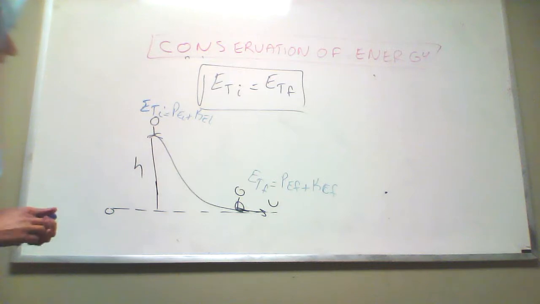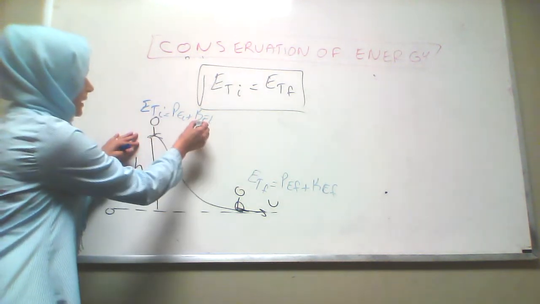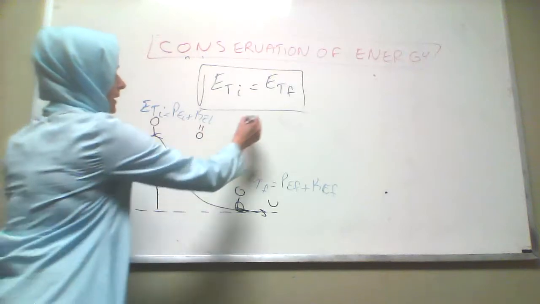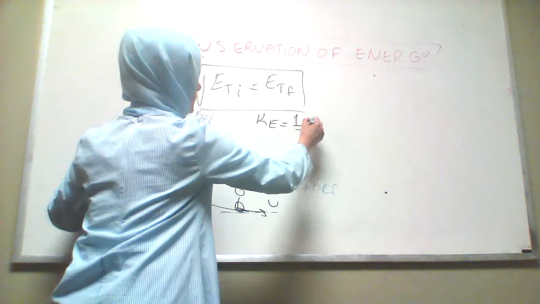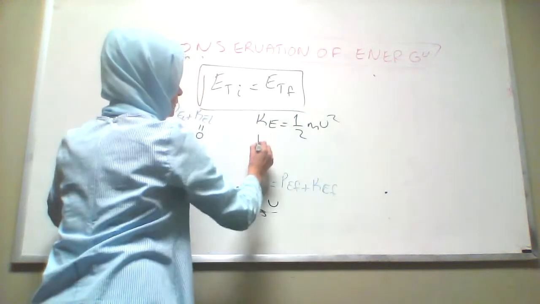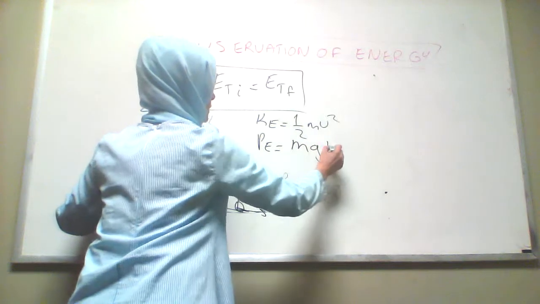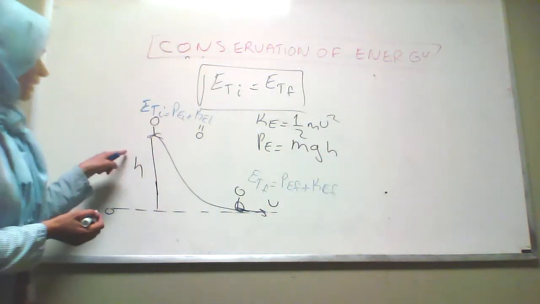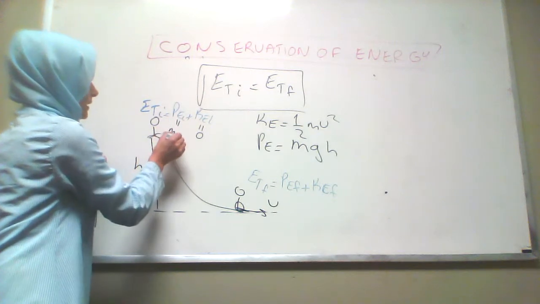If you look at this question in the beginning, the child does not have velocity, so kinetic energy initial will be 0. Again, the kinetic energy is equal to 1/2 mv squared, and potential energy is equal to mgh. The child will have a potential energy, equal to mgh.